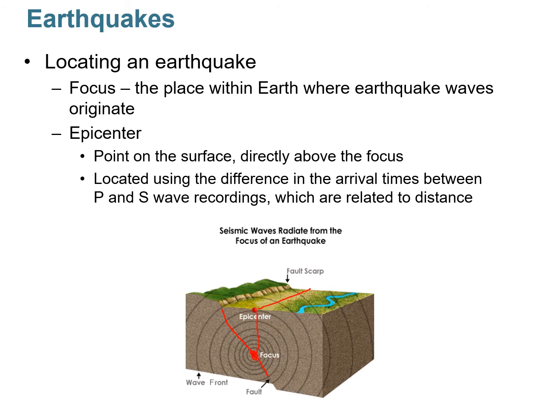Humans care about that because we live on the surface of the Earth, and that's the closest spot on the surface to the incoming wave fronts of seismic waves. These circles that surround the focus are wave fronts that are traveling in three dimensions away from the focus. And that's how those seismic waves travel.